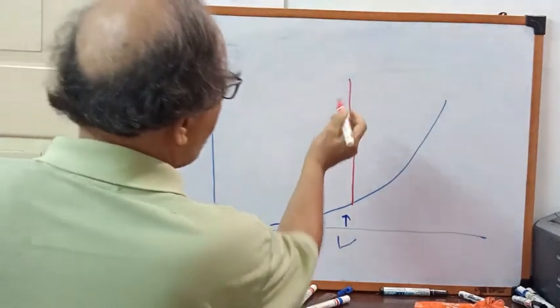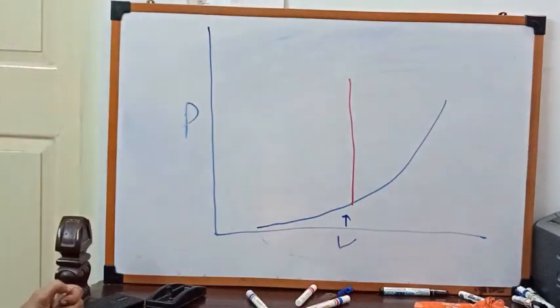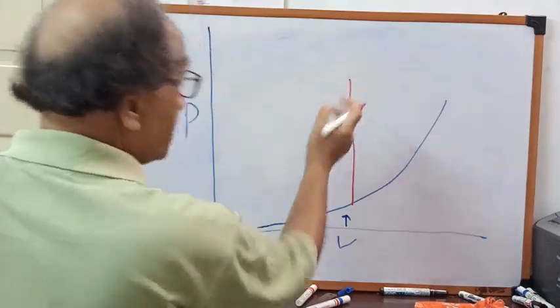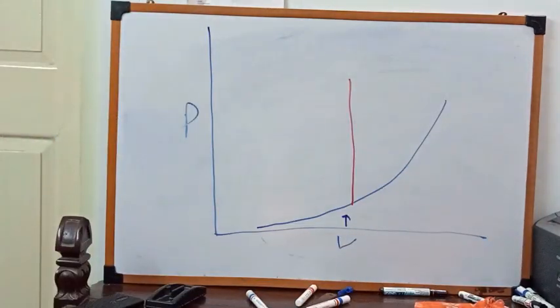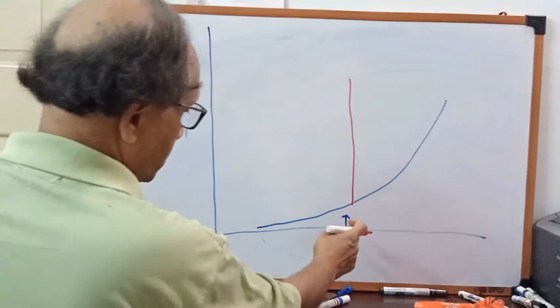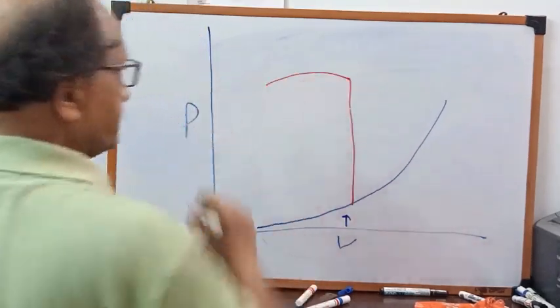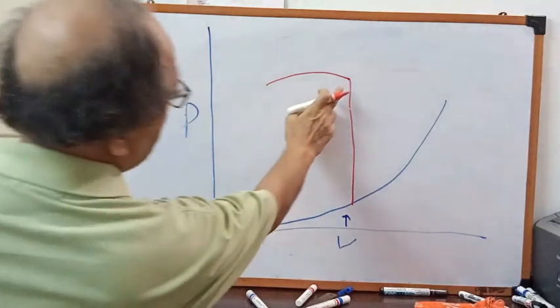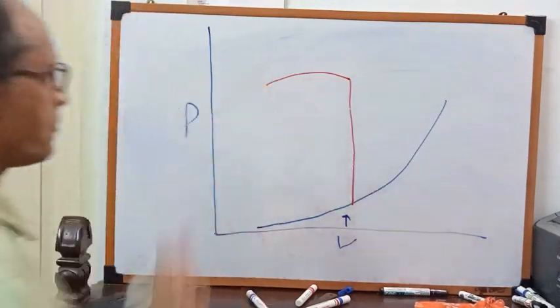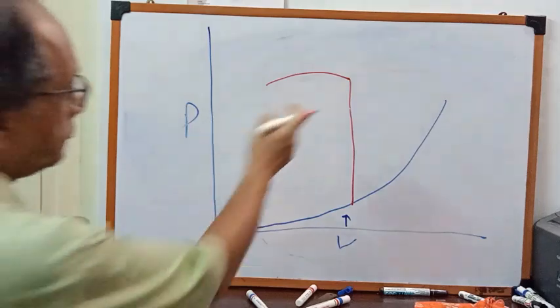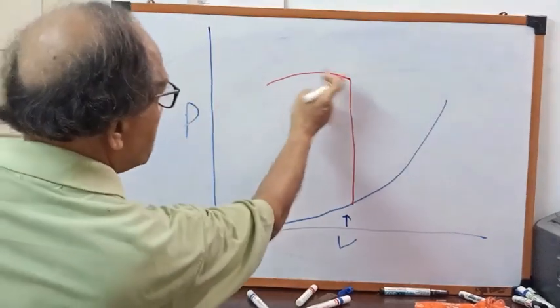So when it can overcome the afterload, then the ventricular ejection will start. Ejection will start means reduction in volume. So volume will be reduced like that.